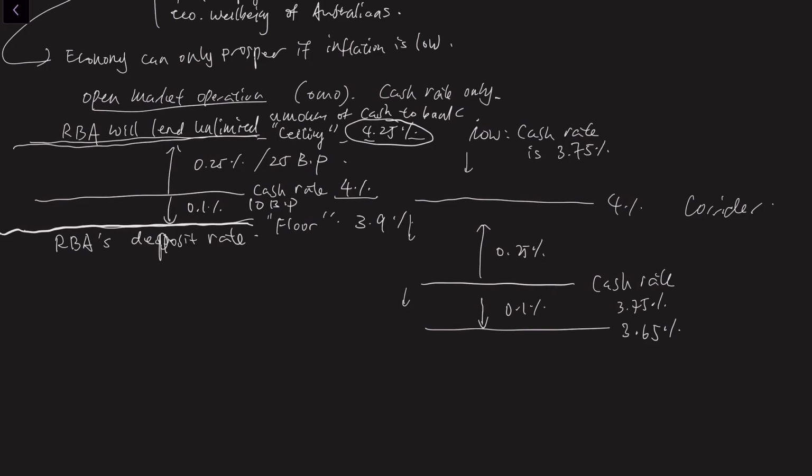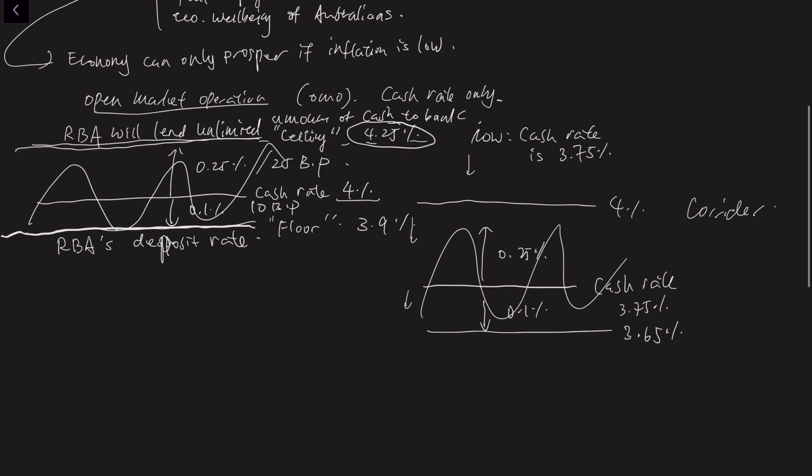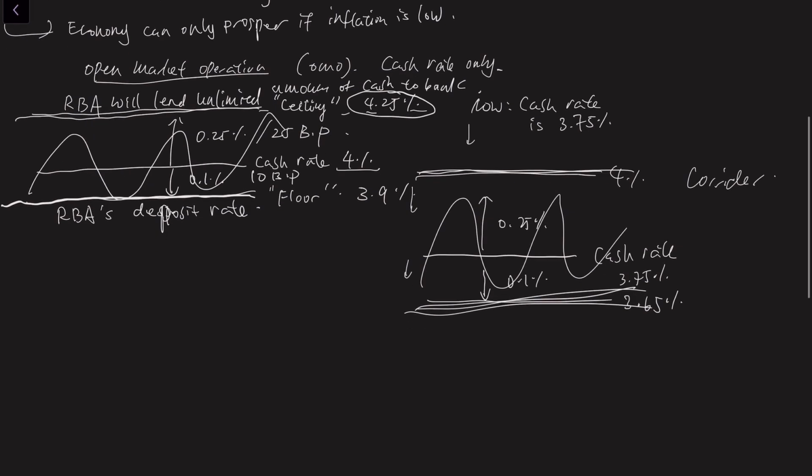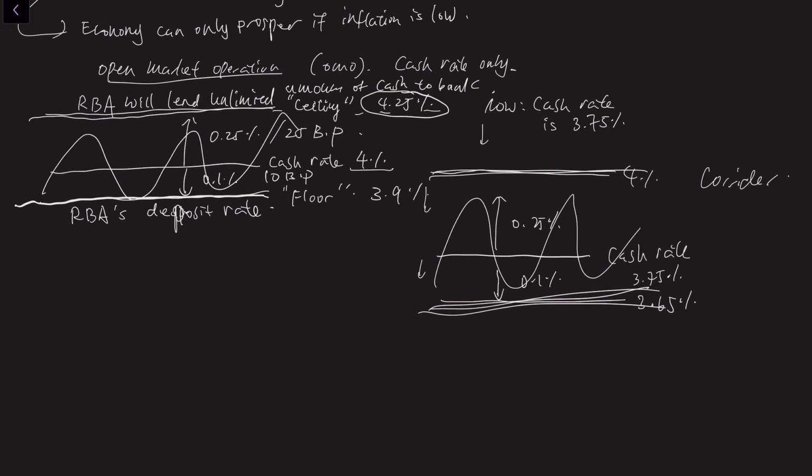And then the cash rate, instead of moving between the old range, will be moving between the new range. There is no need for human intervention. Everything occurs automatically. And because of this incentive, or the care of self-interest, we know that the cash rate will always be between those two bounds.